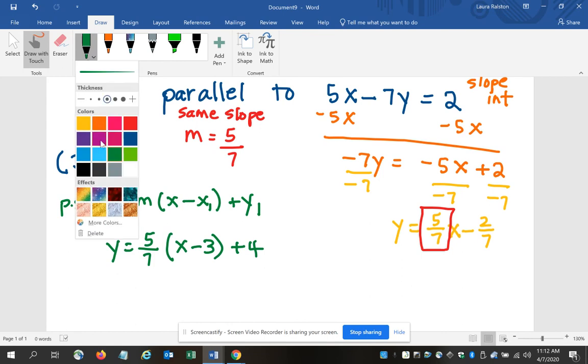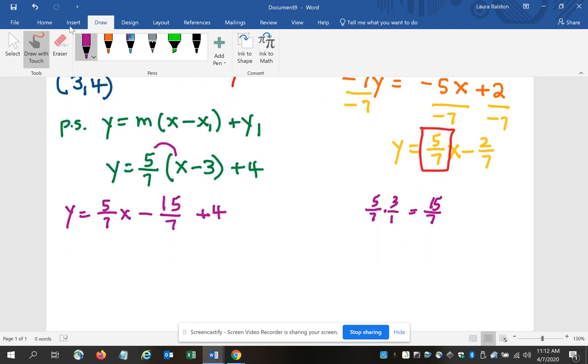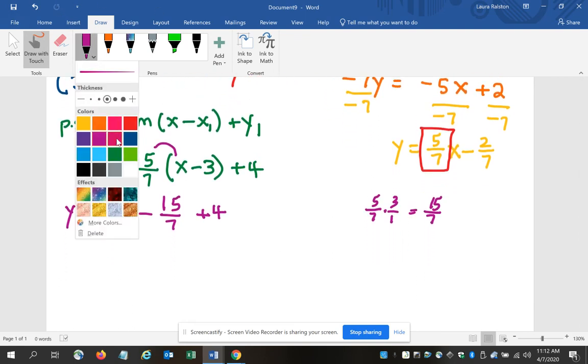I need to distribute so that I have y equals 5/7 x minus, because it's a positive times a negative, 5/7 times 3/1 is 15/7. So I have minus 15/7 plus 4 wholes. And so then I need to combine those together. So I'm going to think about my math here.